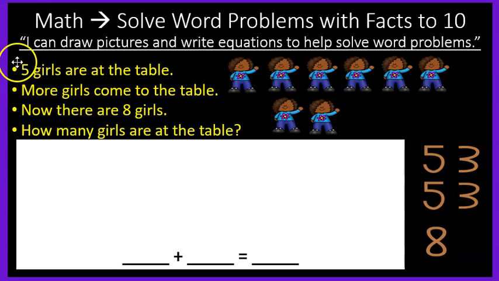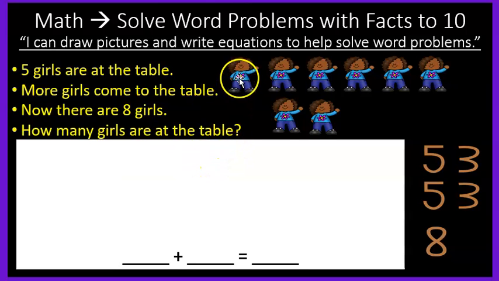Let's read it again. 5 girls are at the table. Now, boys and girls, what number is this? 5. Good job. So right off, you're gonna know that you have to put 5 girls here, okay? That's the first thing you're gonna start to recognize.